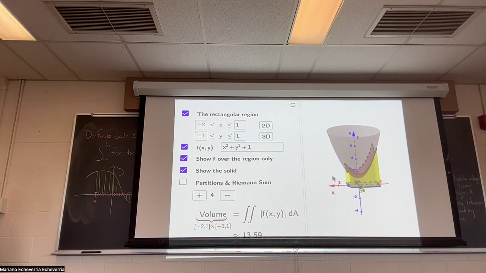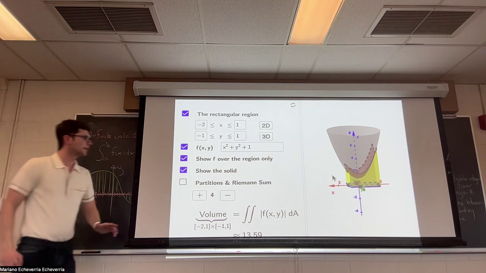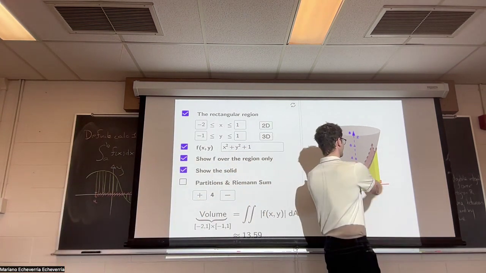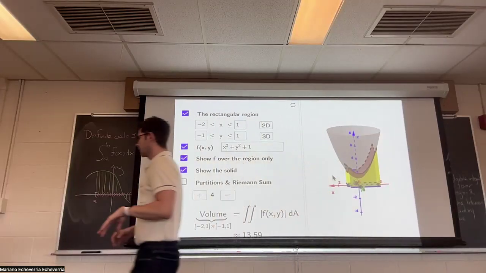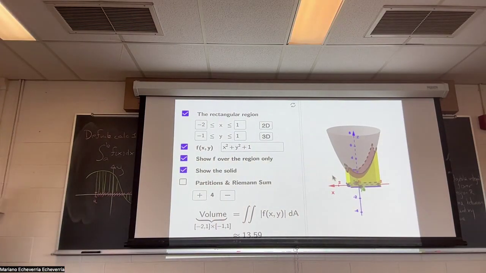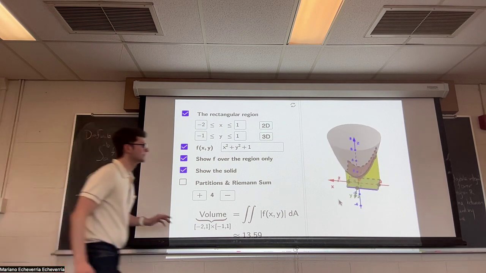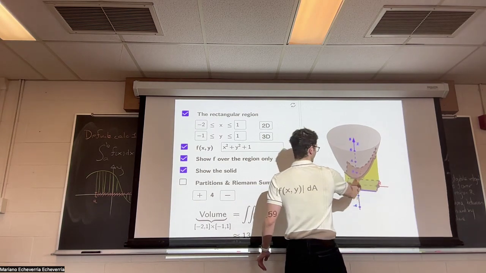No, let's say you're just looking at the part of the graph that's above this rectangle. So there's a rectangle you can draw on the plane. In this case, the rectangle is x goes from -2 to 1 and y goes from -1 to 1. Okay, so that's the rectangle. I think it's easier if I just show it to you from this perspective.